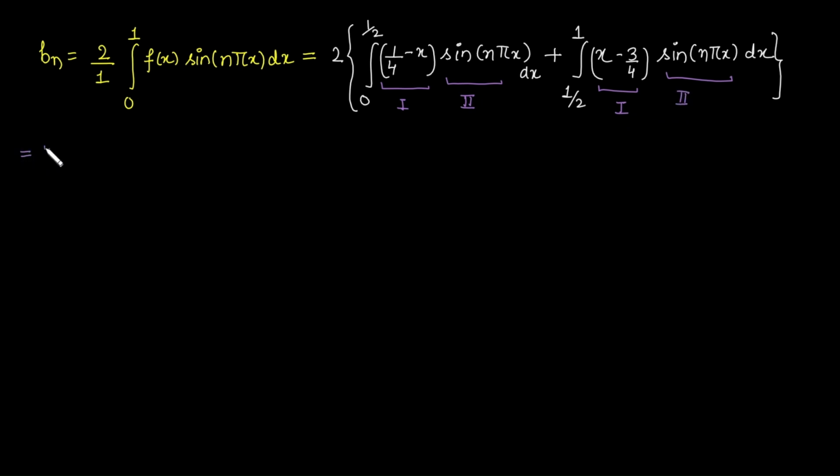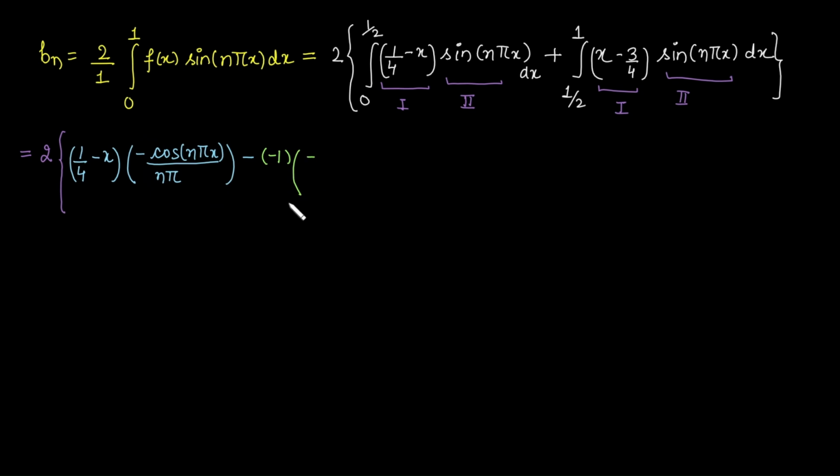So, this is equal to twice of the first function as it is, integration of sine n pi x is minus cos of n pi x divided by the coefficient of x, that is n pi, minus the derivative of this term, that is minus 1, integration of this entire term.